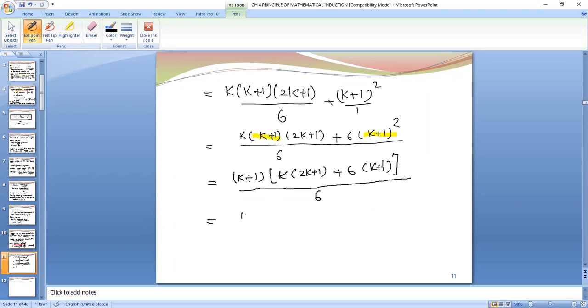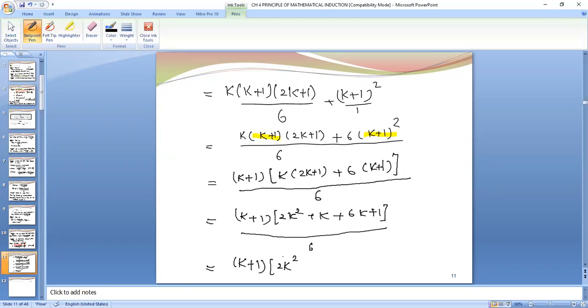It is k plus 1 into 2k square plus k into 1, k plus 6 into k, 6k plus 1 upon 6. Further simplify, k plus 1, 2k square plus 7k plus 1 upon 6.